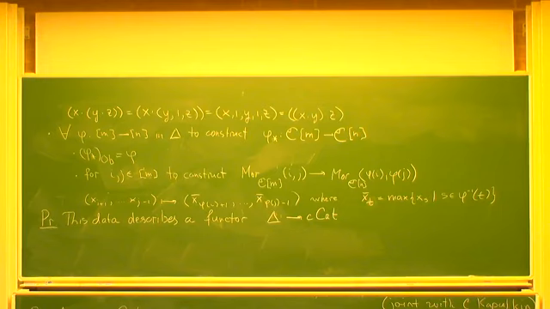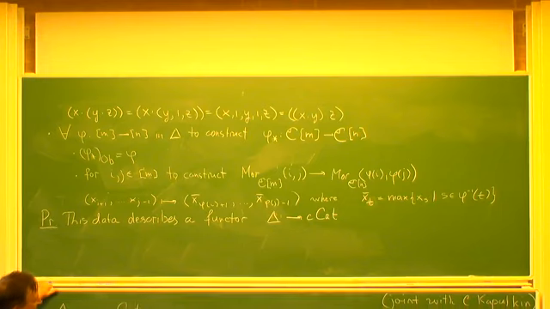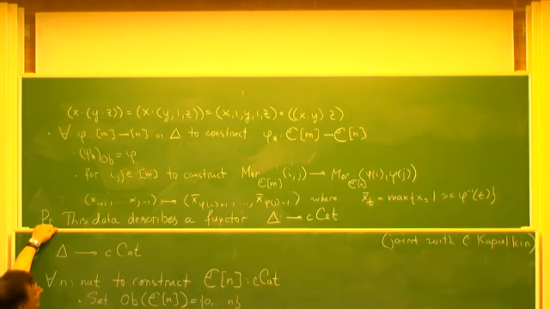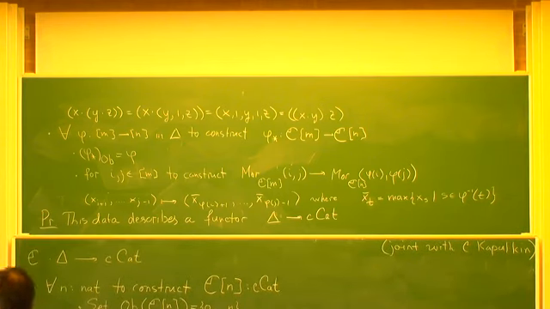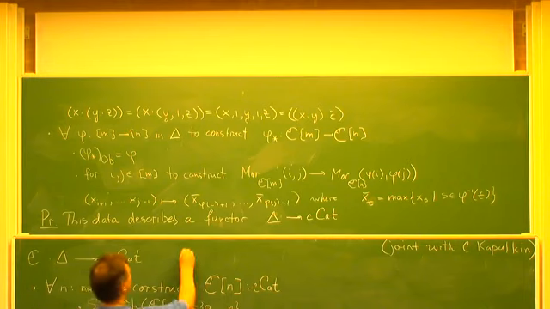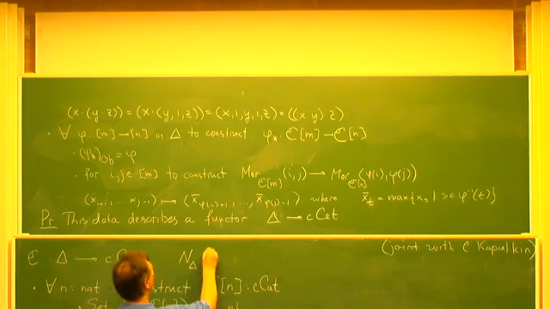Now, let's draw some pictures. Since I have this functor, I can define my simplicial nerve functor.